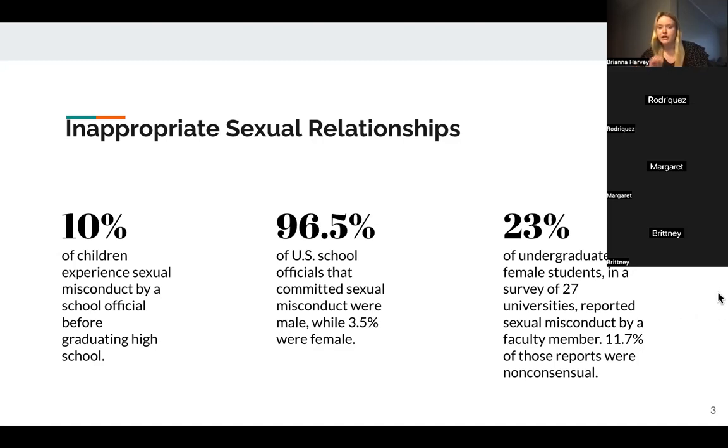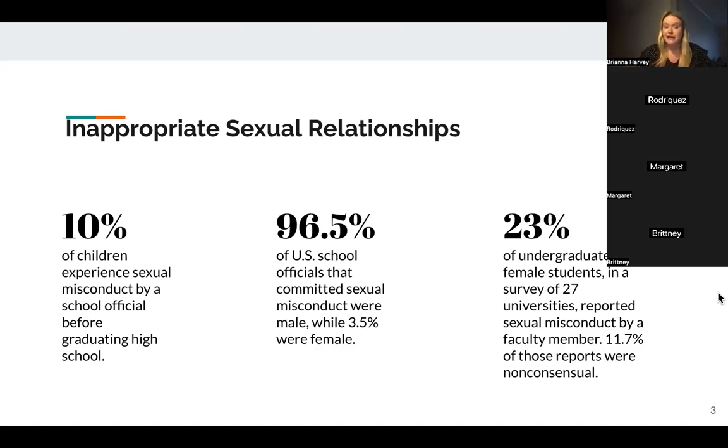And then 23% of undergraduate students across a survey of 27 universities reported experiencing sexual misconduct, and 11.7% of these reports were non-consensual. So we know that the age of consent in Alabama is 16, but that is not for students. Students cannot consent under the guidelines for consent, especially in the state of Alabama.